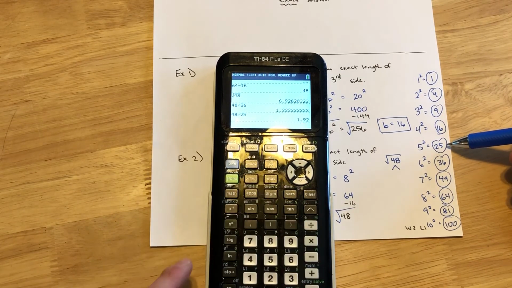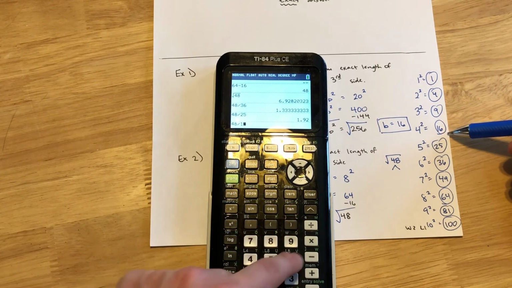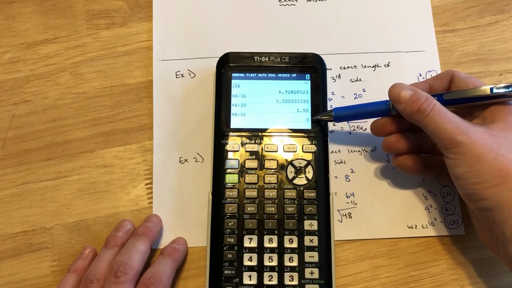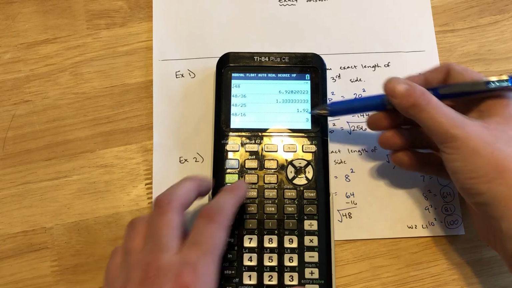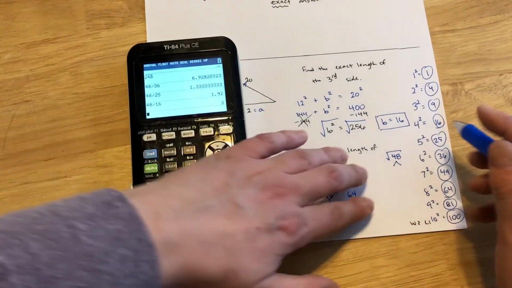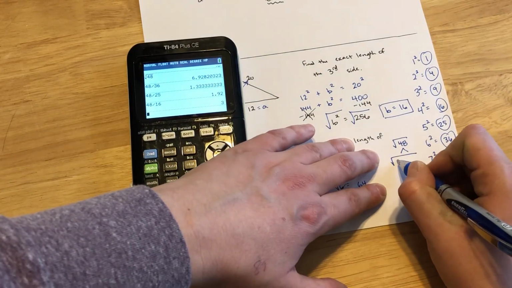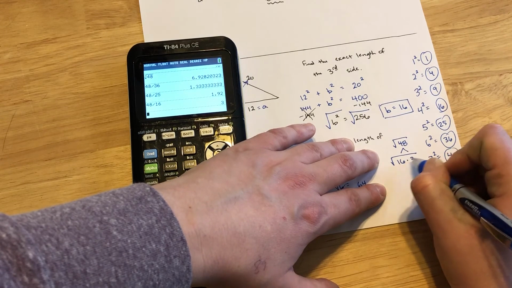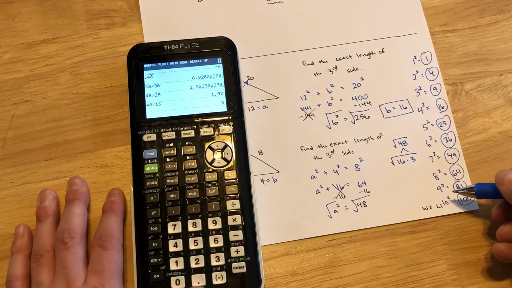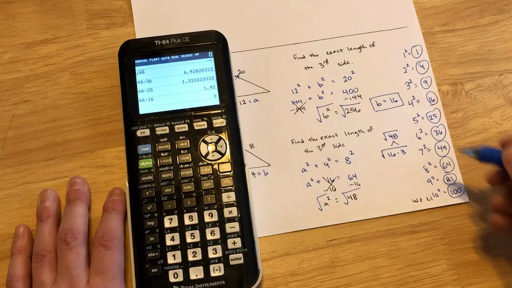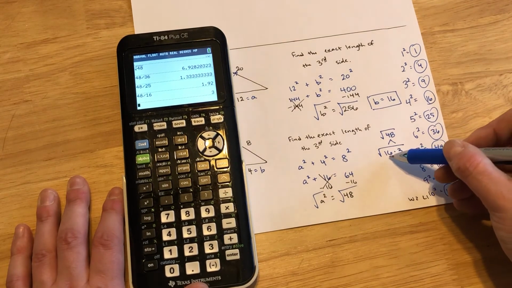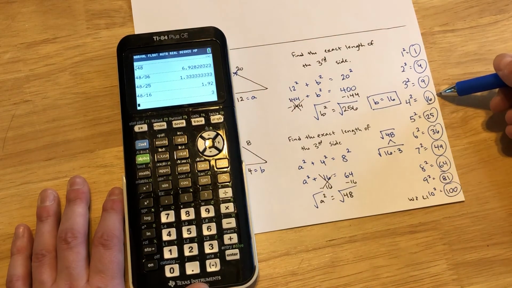No, not evenly divisible. Is 48 divisible by 16? Ooh, yes, it is. So that's a whole number pairing, 16 and 3. So the square root of 48 is the same thing as the square root of 16 times 3. It's all equivalent. And the special part is 16 is a perfect square.